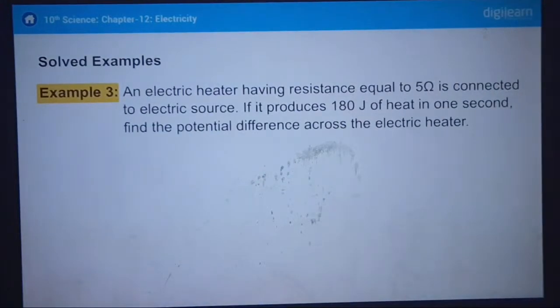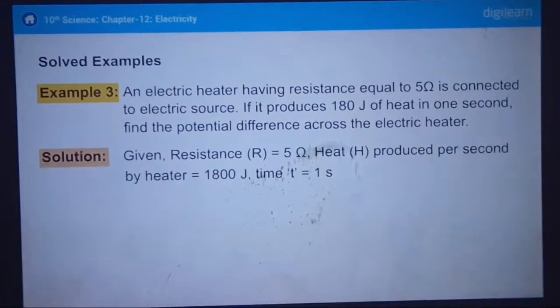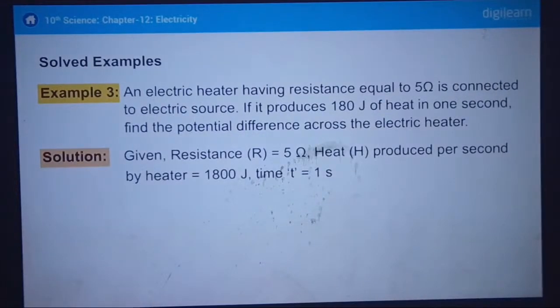Example 3. An electric heater having resistance equal to 5 ohms is connected to an electric source. If it produces 180 joules of heat in 1 second, find the potential difference across the electric heater. Solution. Given resistance R equals 5 ohms, heat H produced per second by the heater equals 180 joules, time t equals 1 second.